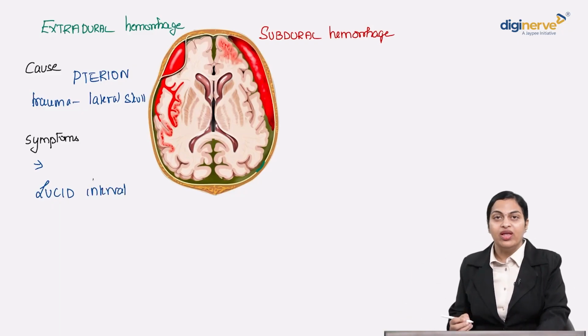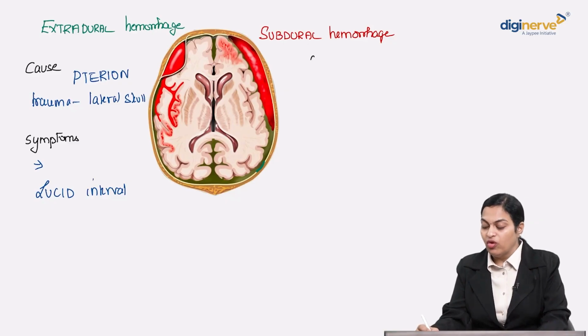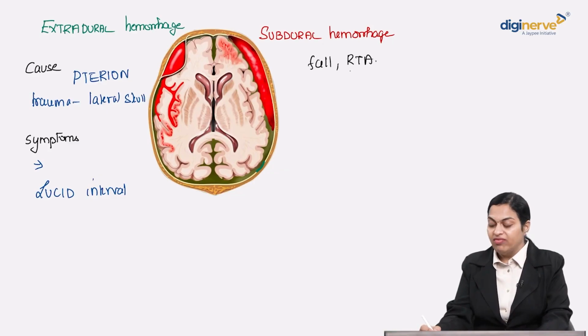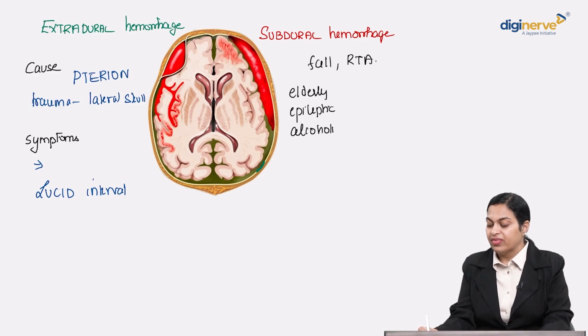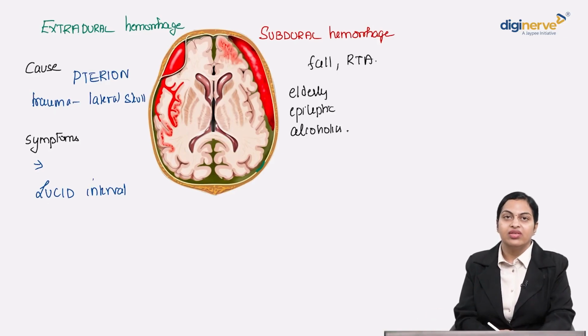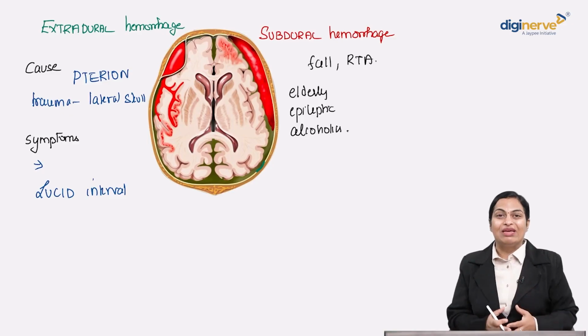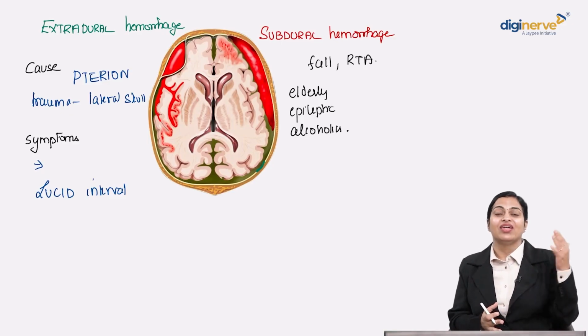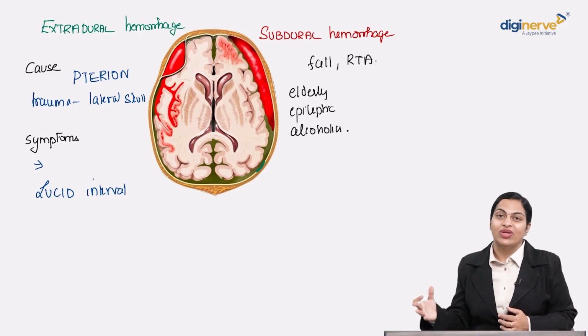Whereas in subdural hemorrhage, it could be due to a fall, a road traffic accident, right? And very common in elderly, epileptic patients, and alcoholics, right? So here again, there can be altered cognition. So you should be definitely able to identify whether it's extradural hemorrhage or subdural hemorrhage just by looking into the picture.